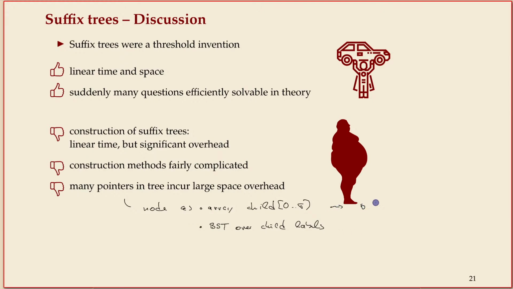So here you have a sigma space overhead. Here you have a log sigma time overhead. It's just not clear. Both is maybe fine, but if sigma is not tiny, both are not negligible. And even this version still has a lot of pointers. So it's as great as it is from a theoretical perspective, but if you implement it, it's still not as good as one would hope.